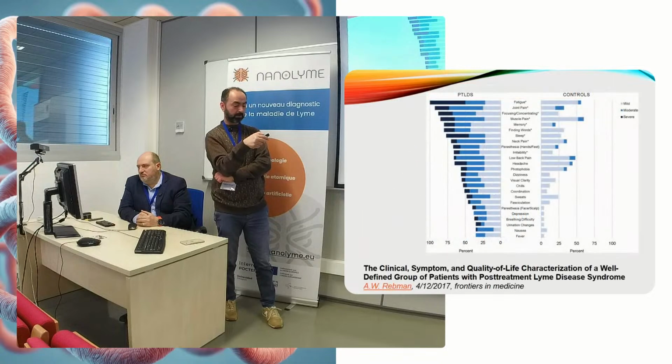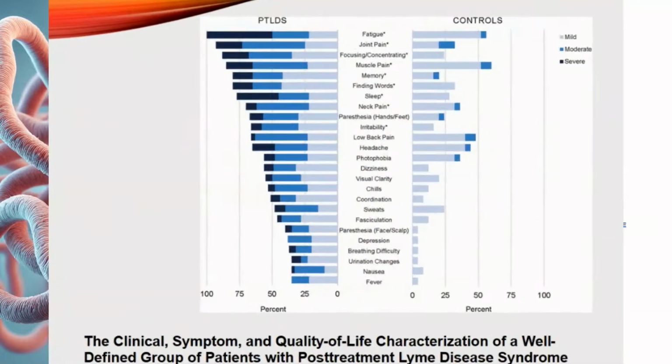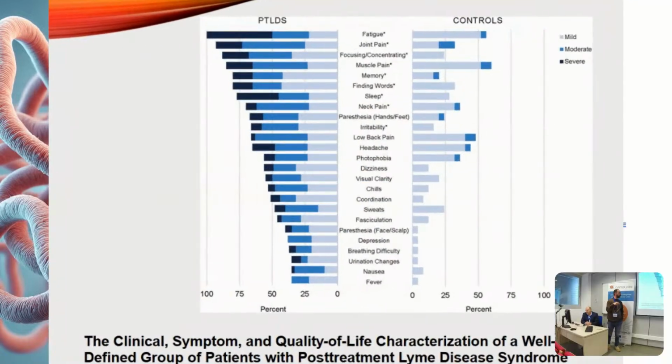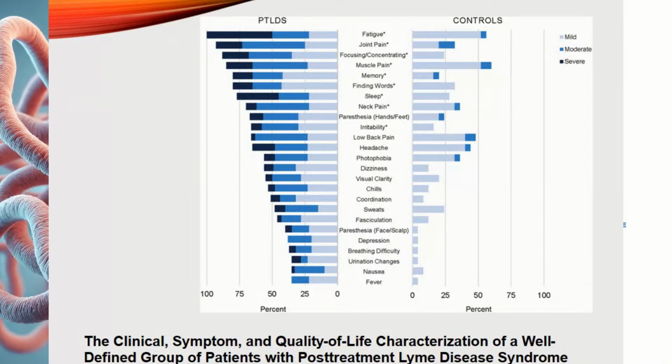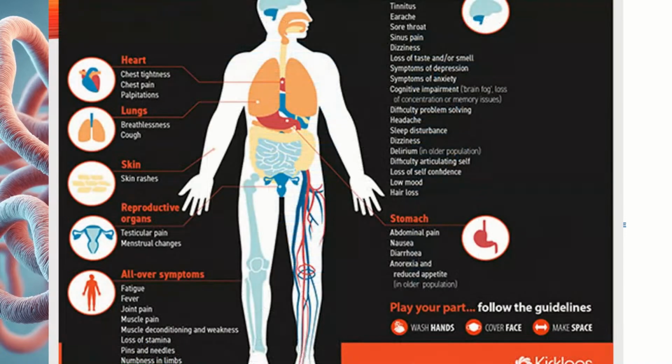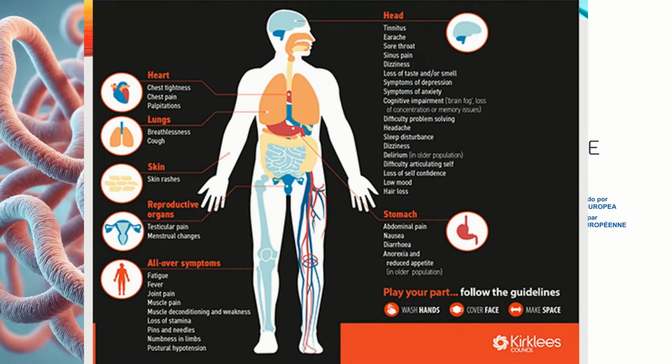But the very great problem of these patients is that there are more symptoms, not necessarily specific. As you can see, with COVID there are more similarities. So it's very difficult to determine sometimes if it's post-infectious disease or active infectious disease.